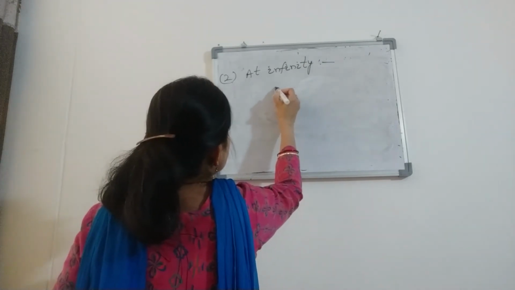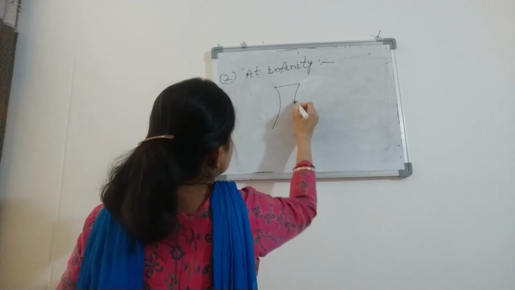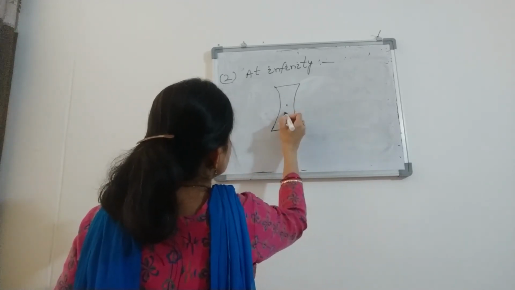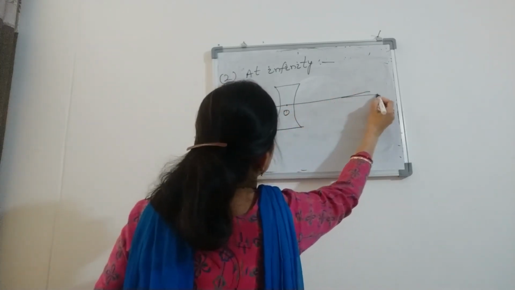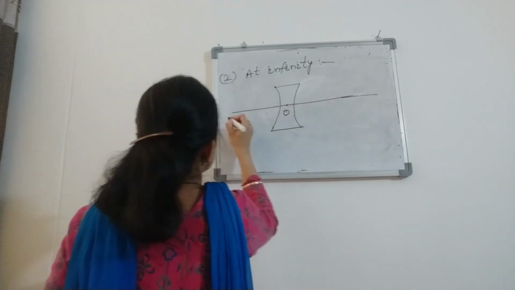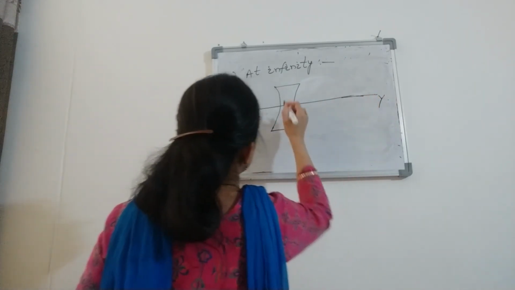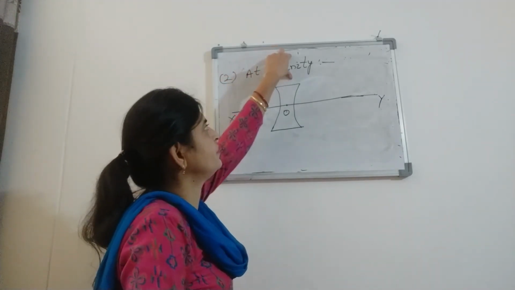So draw the concave lens. O is the optical center and XY is the principal axis. Now the position of the object is at infinity.